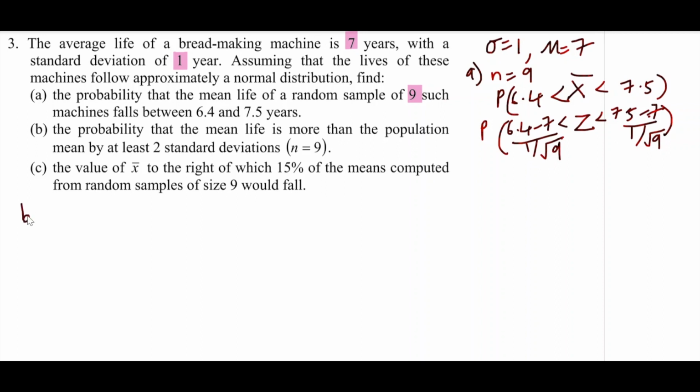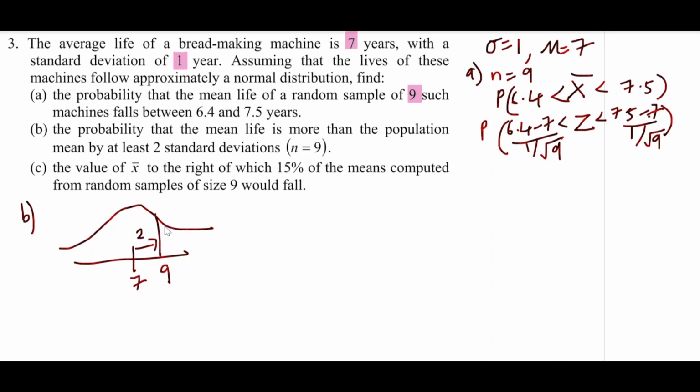Now question B. N is again 9. Find the probability that the mean life is more than the population mean by at least 2 standard deviations. Okay, I would illustrate. The mean is 7. So the standard deviation is 1. 2 times 1 is 2. 7 plus 2 is 9.